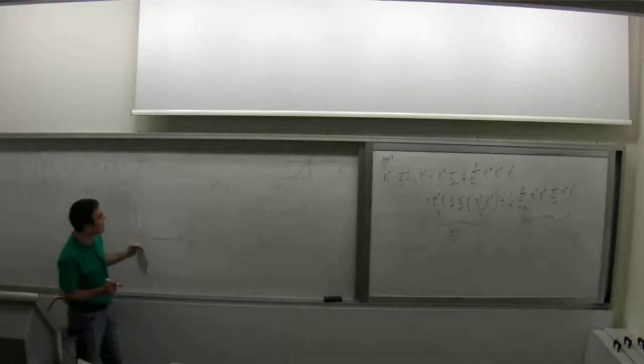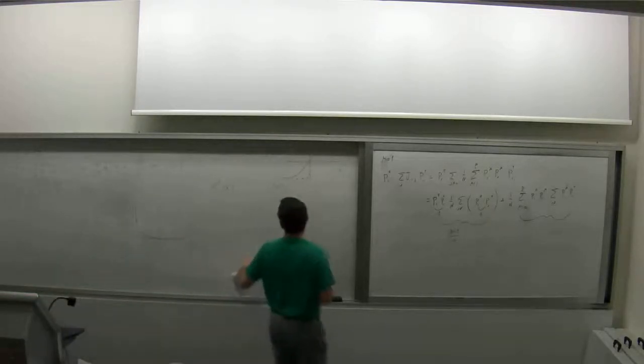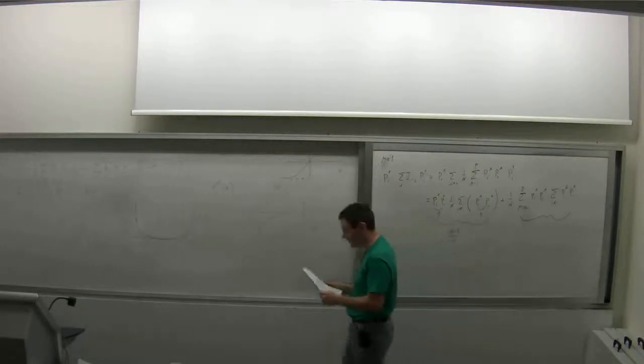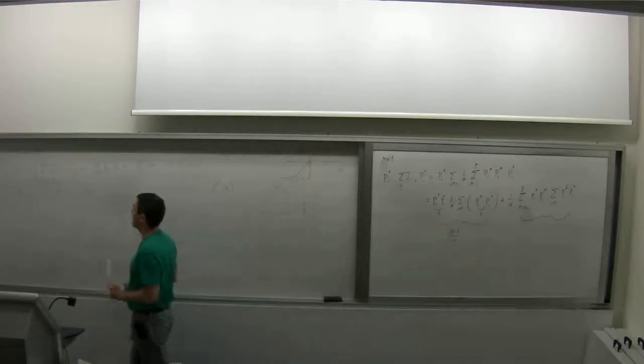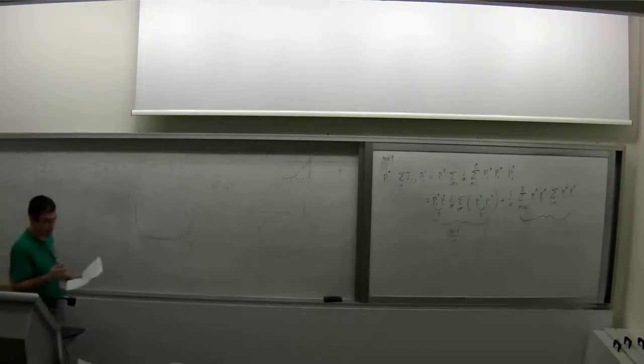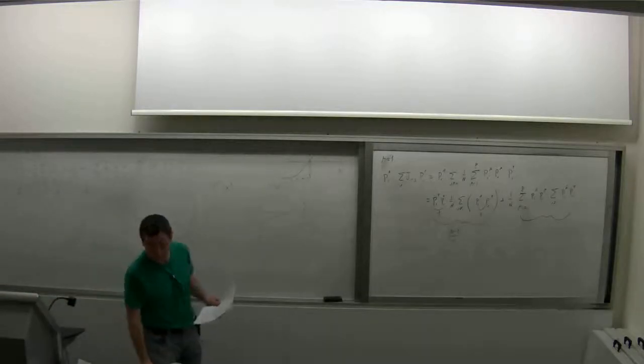Okay, so this was a case of beta which goes to infinity. What happens in the case that we're studying now, that beta goes to 0? What would happen when beta goes to 0? Let's do it in a formal way.